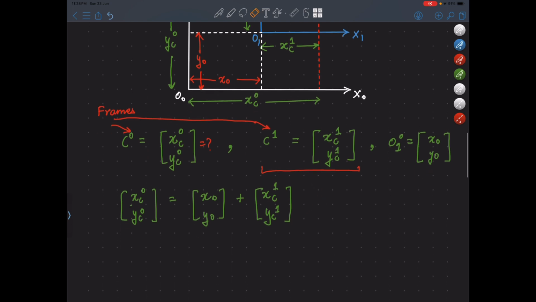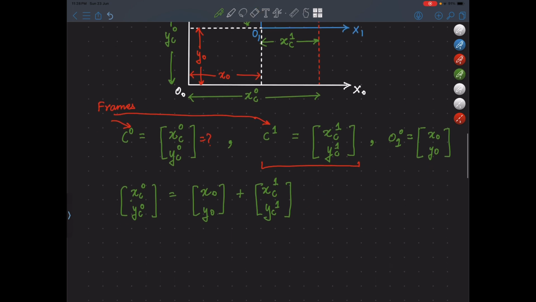Now it can be written in simpler terms, in vectors, in terms of c0, c1 and o1 with respect to o0: c0 is o1 naught plus c1.